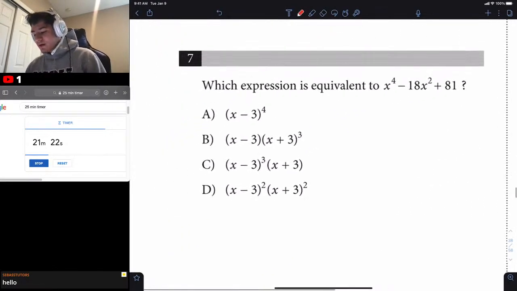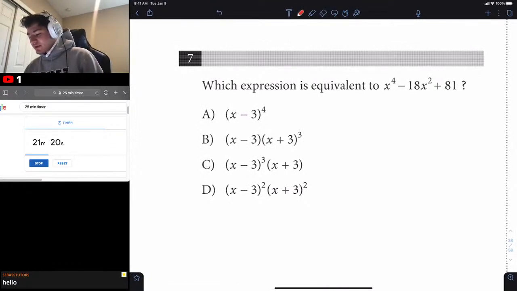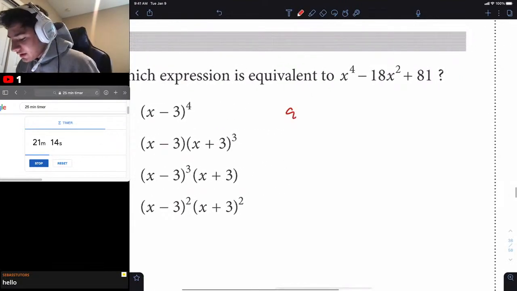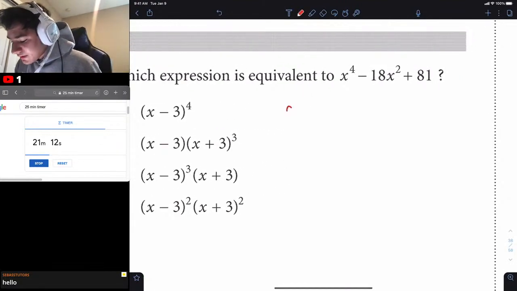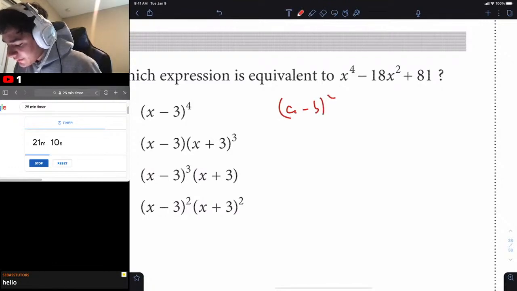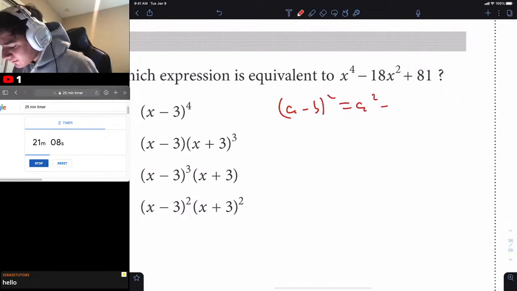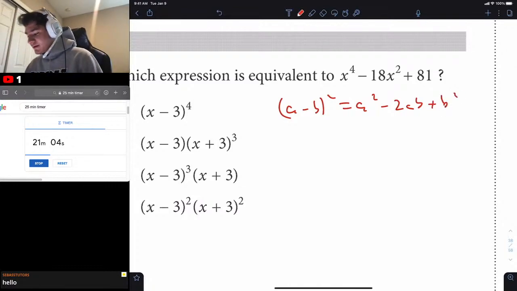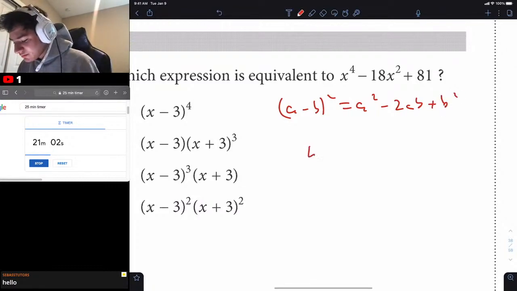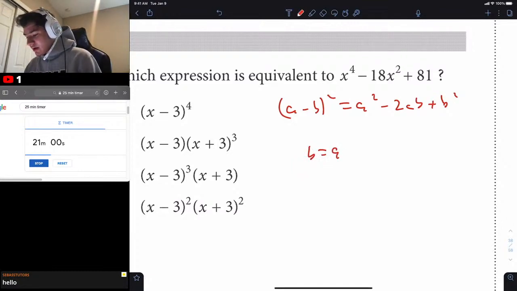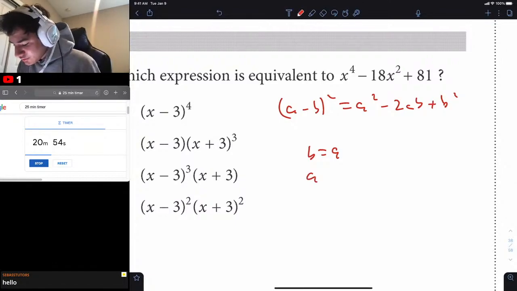Okay, cool. Which expression is equivalent to all this? Ooh, okay. Let me think here. I am going to go ahead and use (a minus b) squared equals a squared minus 2ab plus b squared. In this case, b is going to be 9, and a is going to be x squared. Yep, a is going to be x squared.